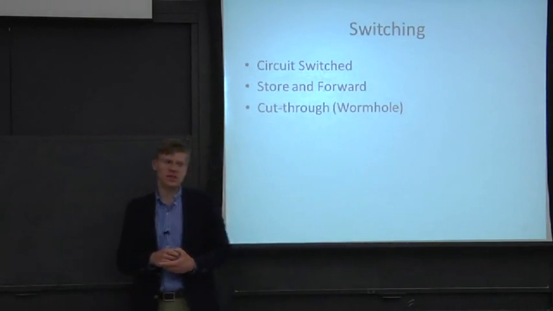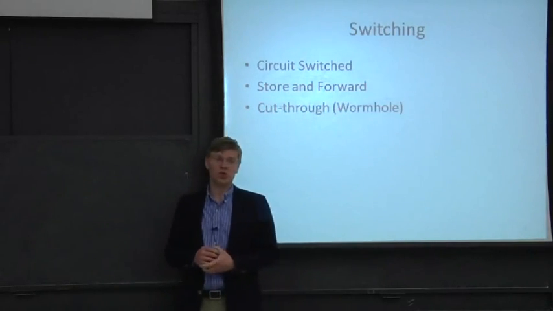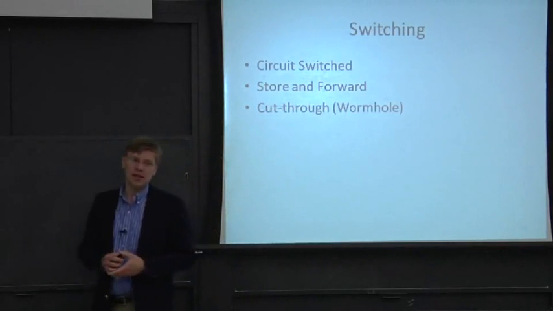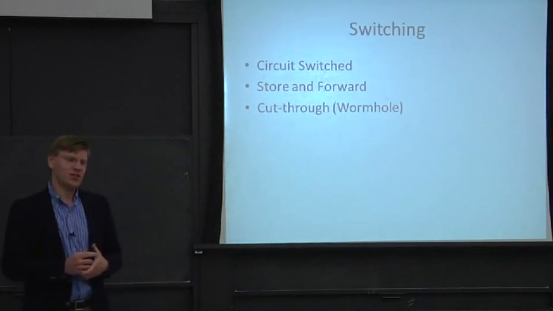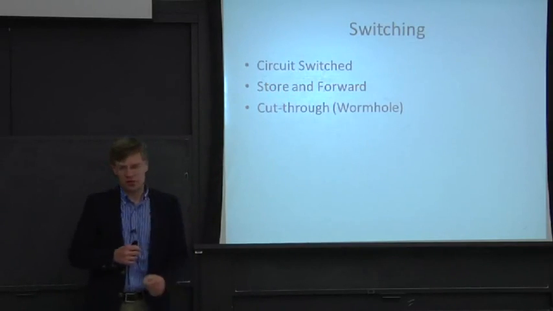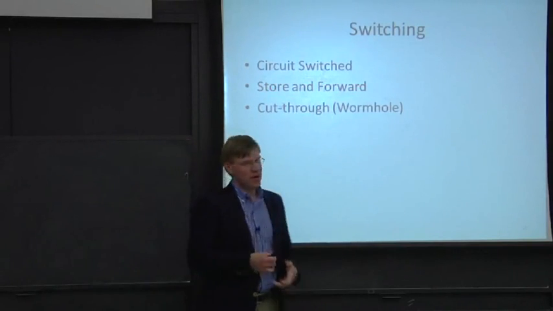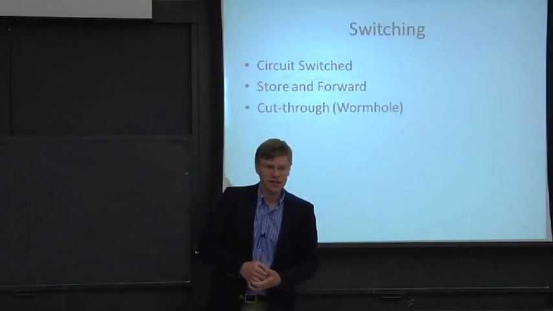And this is typically what our Ethernet routers and our internet routers will try to do, something like store and forward. If you don't care about latency, this makes a lot of things easier because you don't have to worry about some of the deadlock concerns that we'll see in a little bit with cut-through routing. Cut-through routing matters if you start to worry about latency.